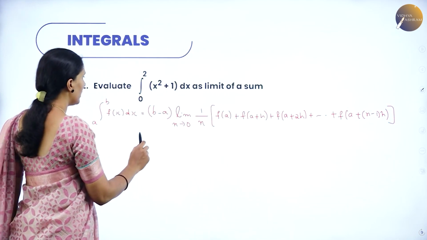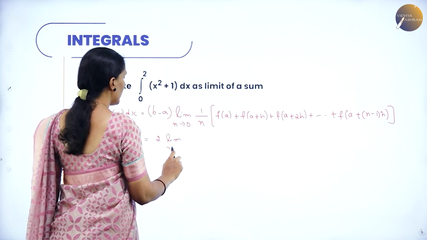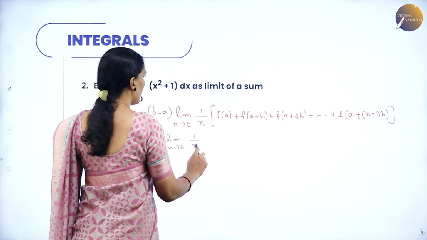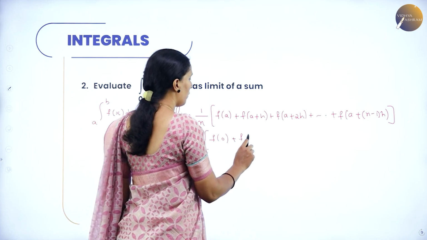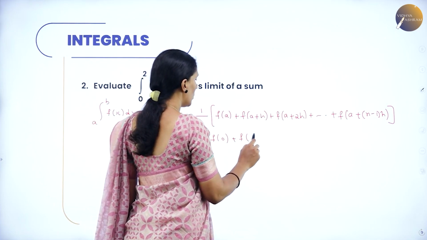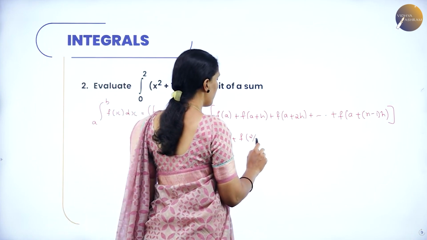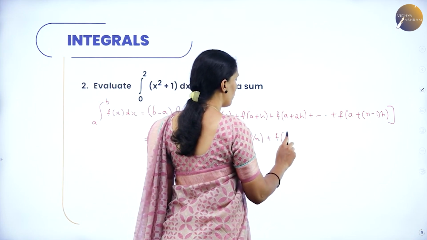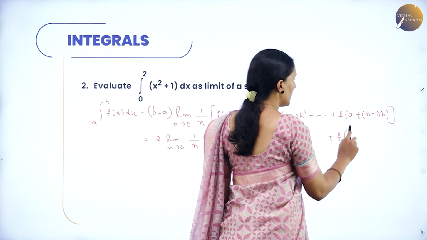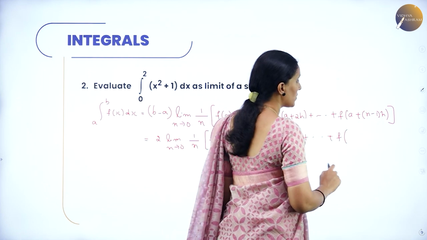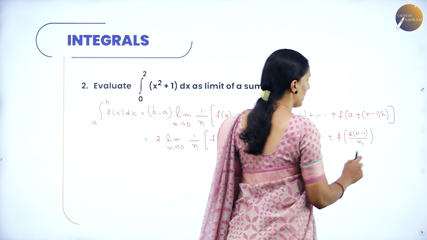So now if you apply here 0 to 2, again it becomes 2, limit as n tends to 0, 1 by n. So here it is f of 0 plus h, that is 2 by n, f of 2 by n plus f of 4 by n plus etc. plus f of 2 into n minus 1 divided by n.